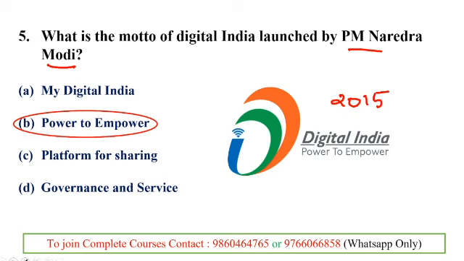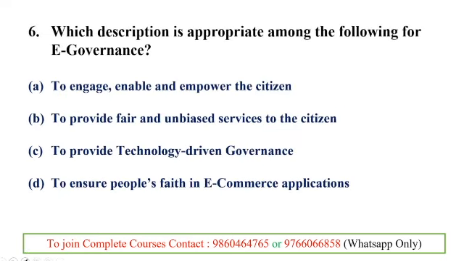Okay. And next one, which description is appropriate among the following for e-governance? So there are some descriptions given here: engage, enable, empower; provide fair and unbiased services; provide technology driven governance; ensure people's faith in e-commerce application.